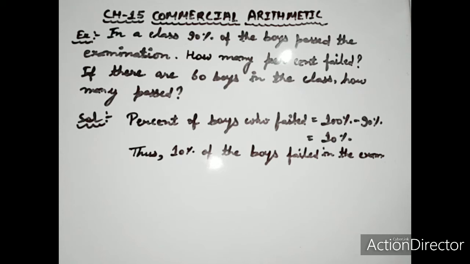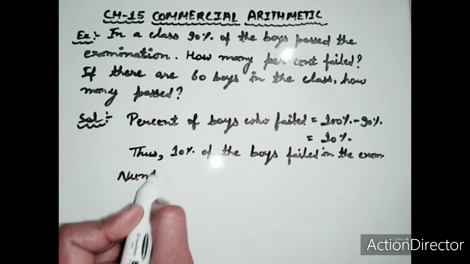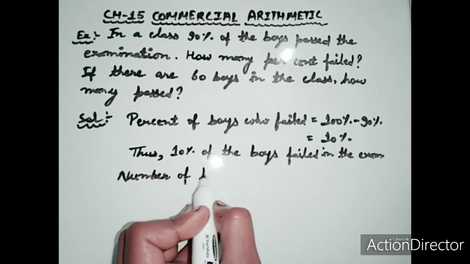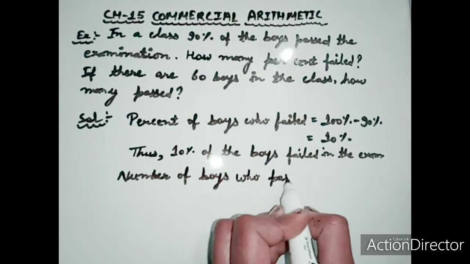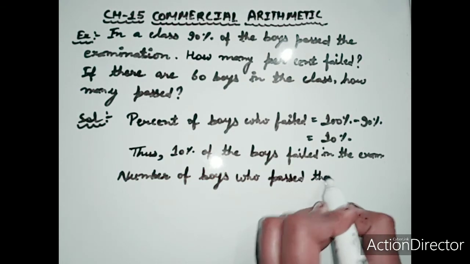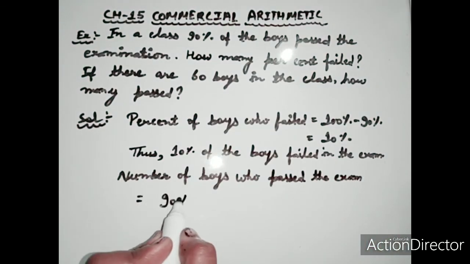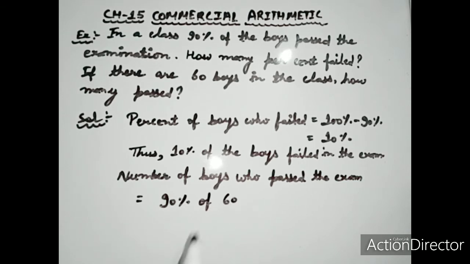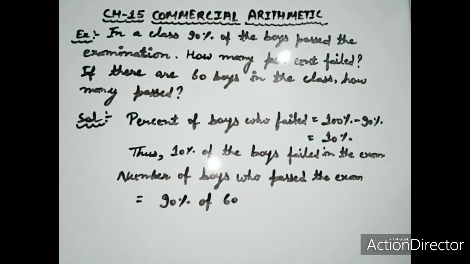Now we find number of boys who passed the exam. Number of boys who passed the exam is equal to 90% of 60, because if there are 60 boys in the class, so here number of boys who pass the exam is 90% of 60.